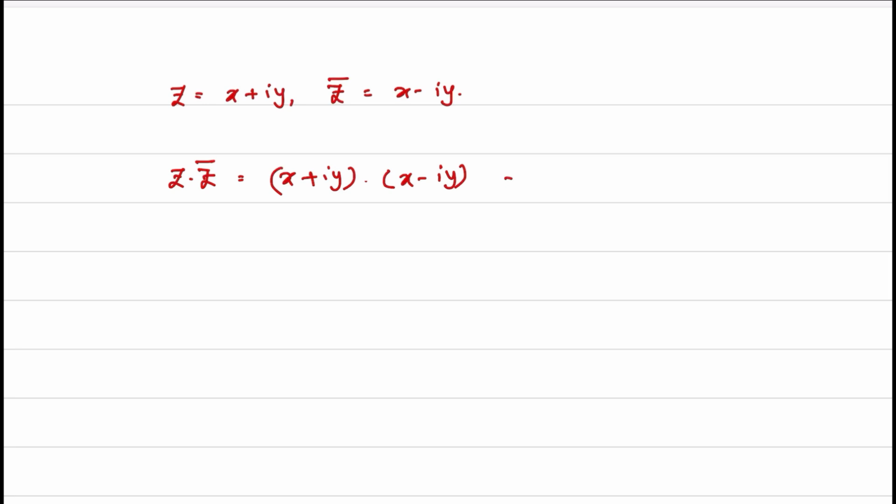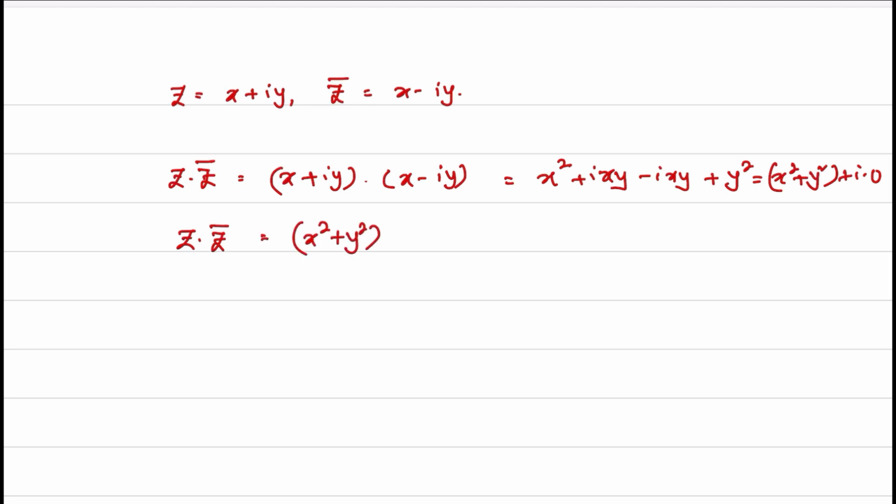This is nothing but x square plus I into xy minus I into xy plus y square. That is x square plus y square plus I into 0. That means Z into Z bar is equal to x square plus y square plus 0 into I. Sorry, I into 0 we can even write. It is a real number.